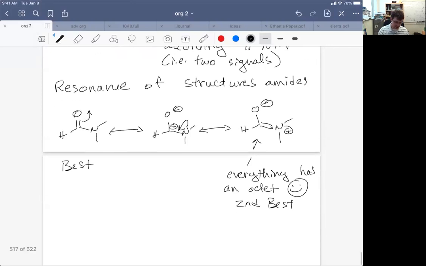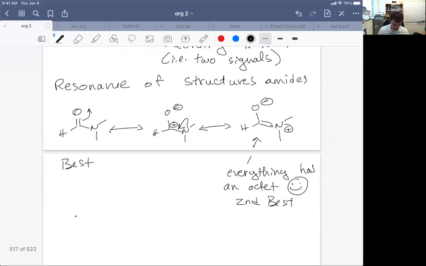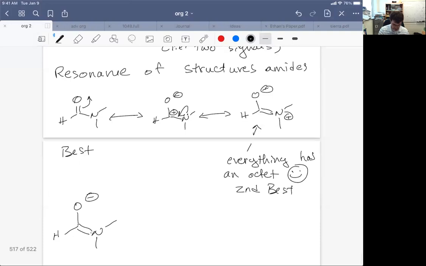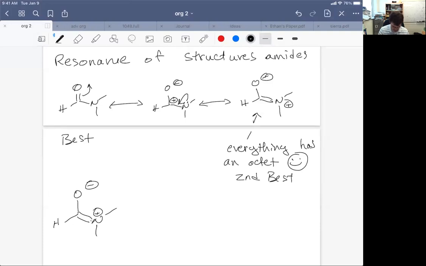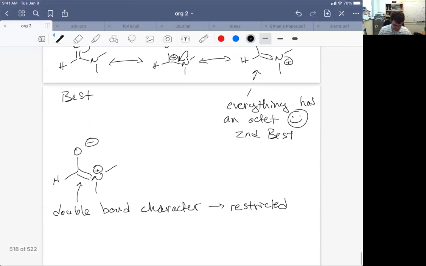So what this does is this showcases some important properties about dimethyl formamide. Namely, there's double bond character at that CN bond. And if we have double bond character, we have restricted free rotation.